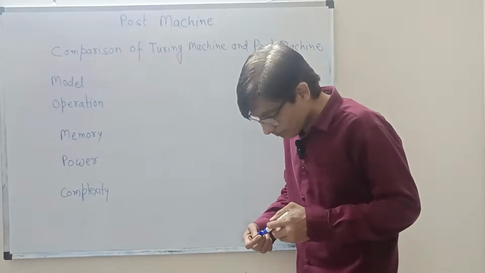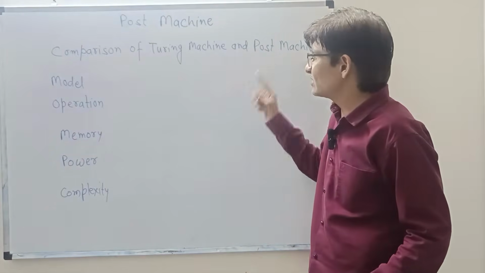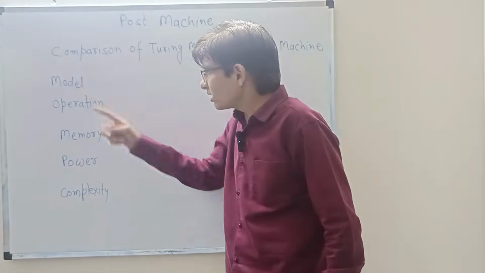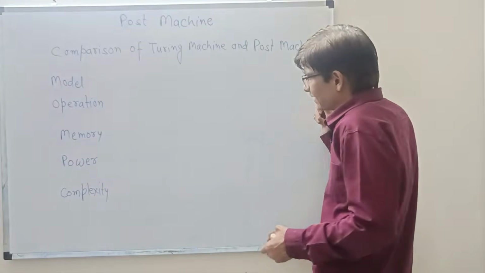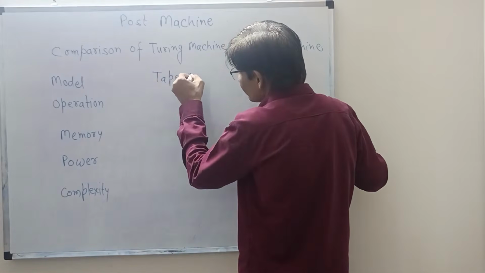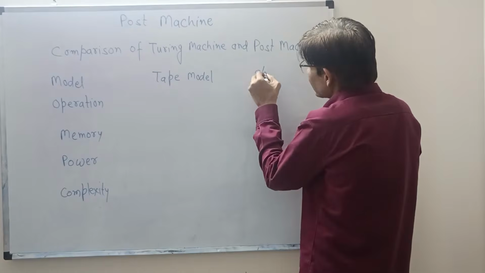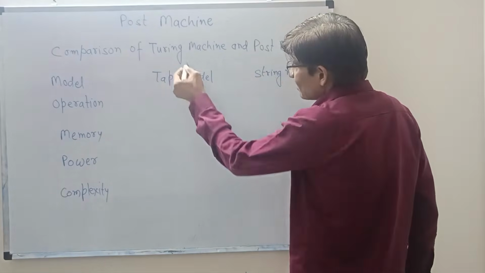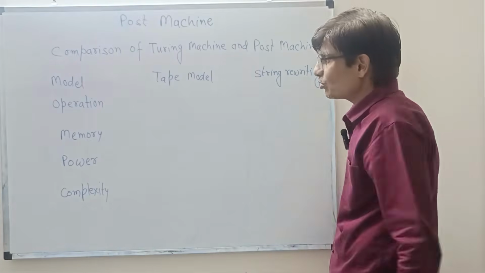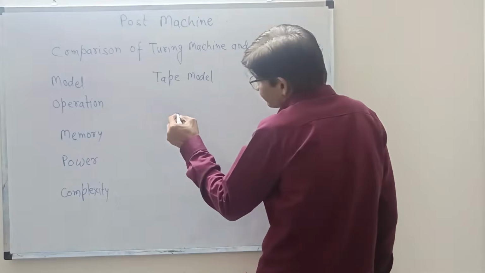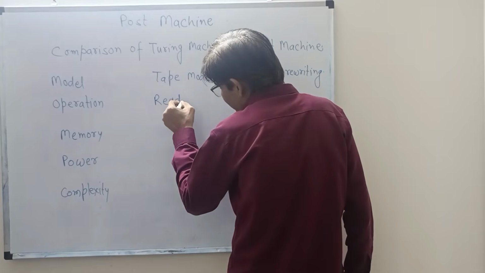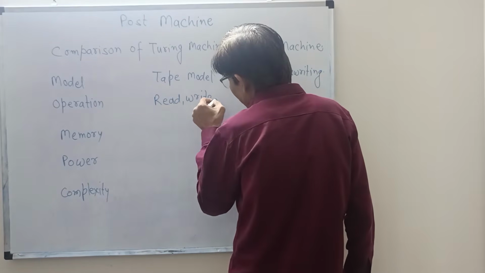So now friends, we will compare Turing machine and post machine on the basis of these criteria. First is model. Turing machine is a tape based model, while post machine is a string rewriting model. Now operation: in Turing machine, as you know, on the tape we perform these operations: read, write, and move.